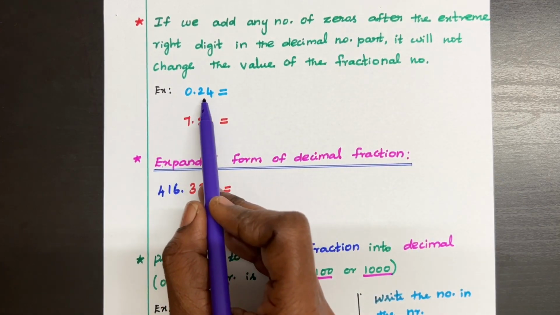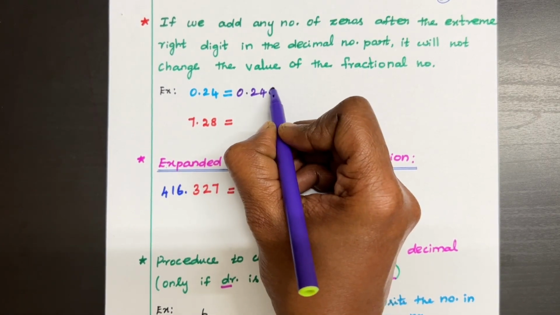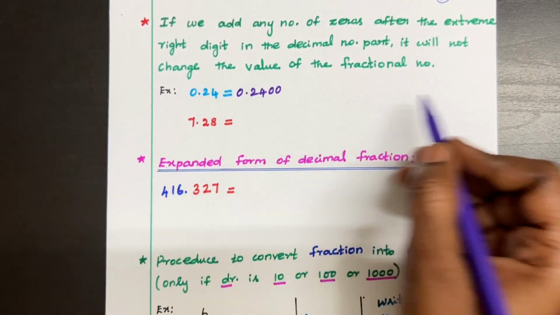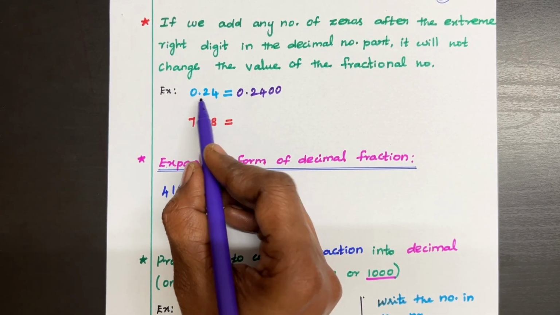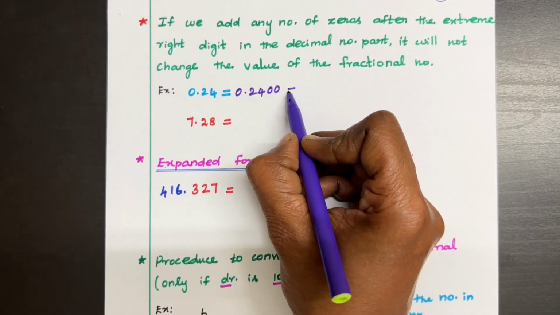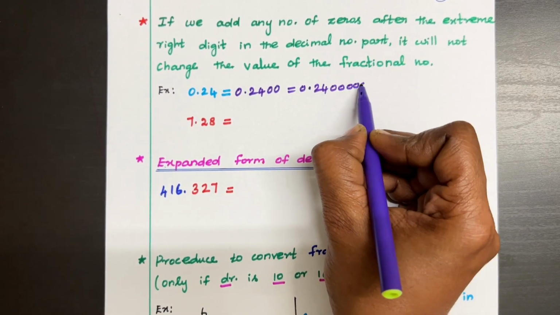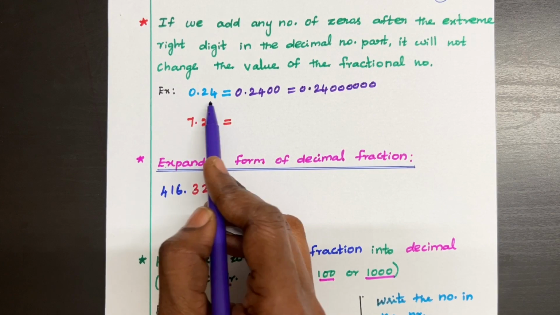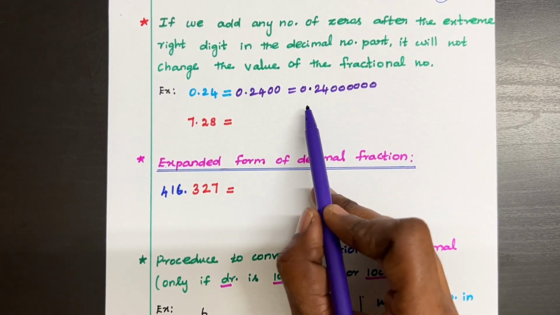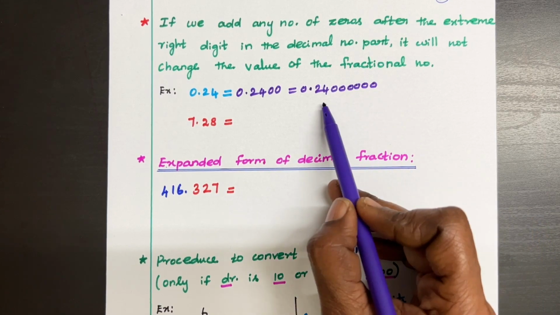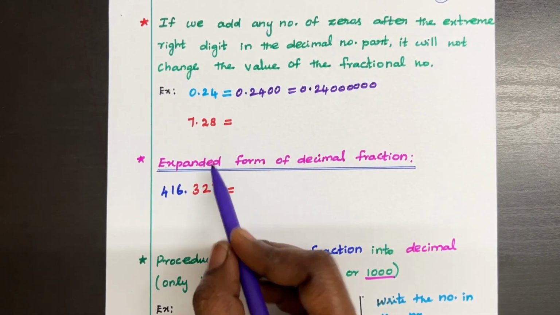See here, 0.24. It can be written like 0.24 is equal to 0.240, and you can add n number of zeros. It won't affect the value of this 0.24. It can also be written as 0.2400. So however many zeros you put, it won't affect the value. So only if we add any number of zeros after the extreme right in the decimal part, it will not change the value of the fraction.